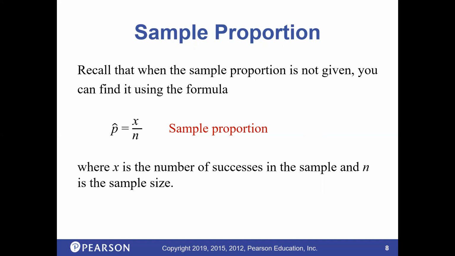All right, it takes just one more extra step to calculate the p-value. That's about it. The rest of it is exactly the same.